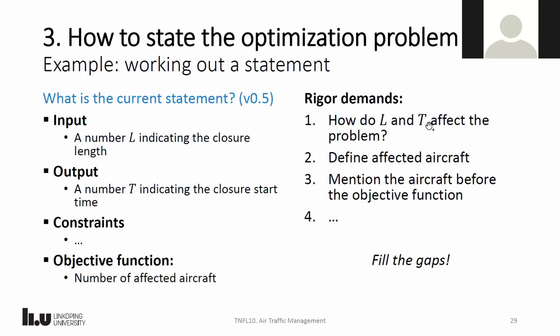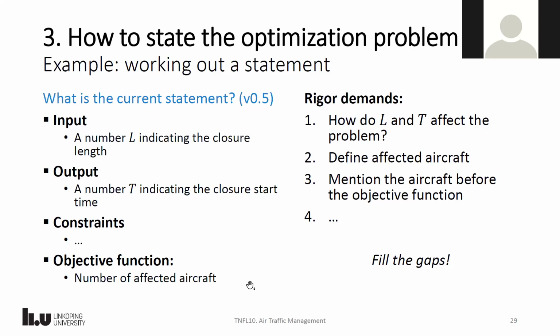So far, we haven't said anything about what it means that the airspace is closed for a time interval L, and what it means for this time interval to start at T. So we have to define what an affected aircraft is, and how the aircraft is affected by the values of L and T. Also, it would be nice to mention the aircraft before the objective function, because we have it here, number of affected aircraft, but in the input there's nothing about them.